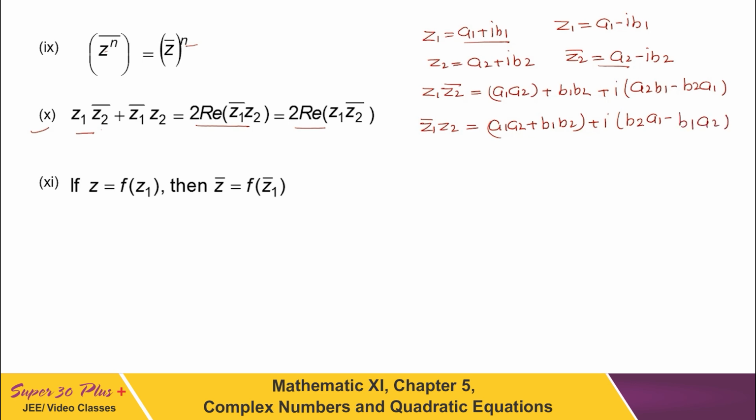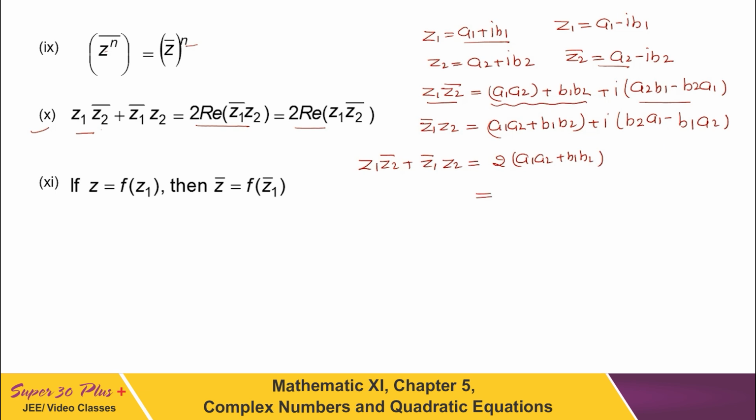We are going to add these two equations, Z1 Z2 bar plus Z1 bar Z2. It is equal to twice of (A1 A2 plus B1 B2), and you can write this as the real part, because it is also a complex number with a real part and an imaginary part.